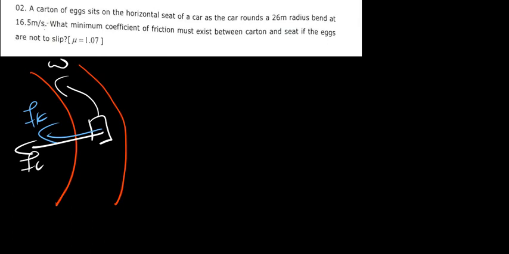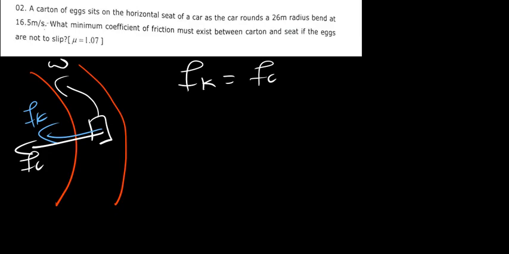Okay. So now for the fact that the centripetal force and the friction force are in the same direction, what did I say about when the forces are in the same direction? You equate them. So the friction force is equal to the centripetal force.